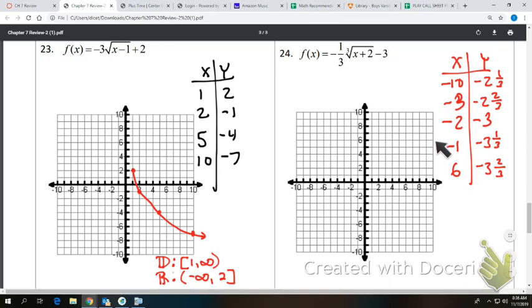So what I recommend is this. Watch me graph it. Start with the vertex, -2, -3. And I'm going to work these points. -1, -3 1/3. That's about right there. You with me? And then I'm going to work 6, -3 and 2/3, which would be about right there.